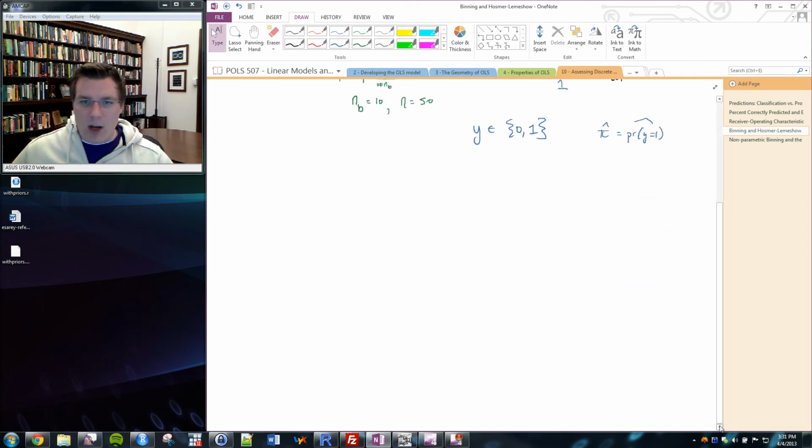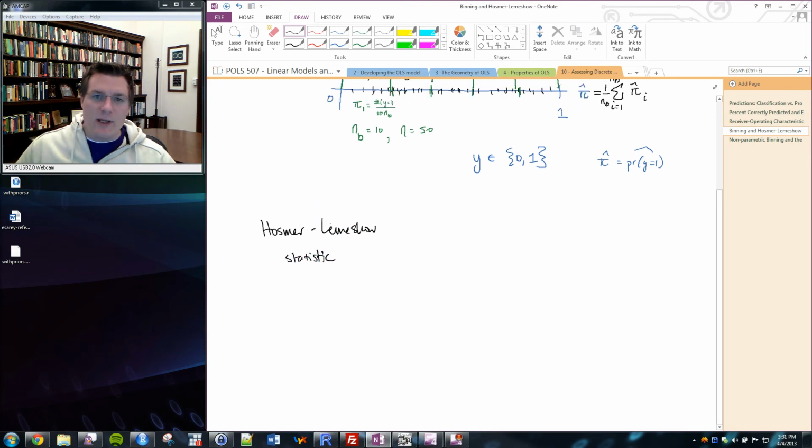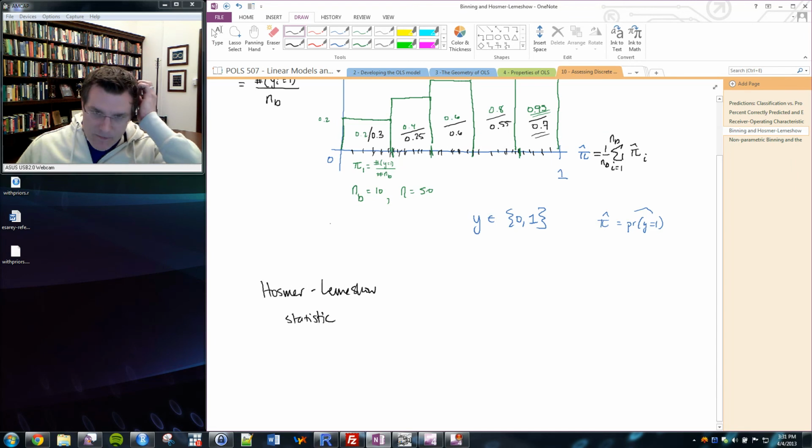But I think the more common thing to do is to construct a statistic that's related to this idea, the Hosmer-Lemeshow statistic. Actually, I'll just go ahead and write this out. Hosmer and Lemeshow demonstrated that this process actually could generate a statistic with a known distribution.